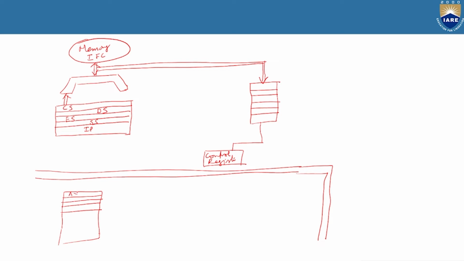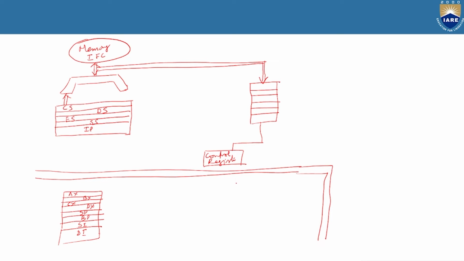This is AX, BX, CX and DX, followed by stack pointer, then base pointer, then followed by the source index SI and DI, the destination index.